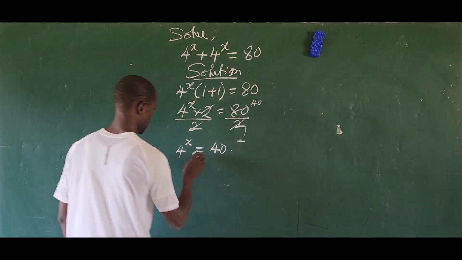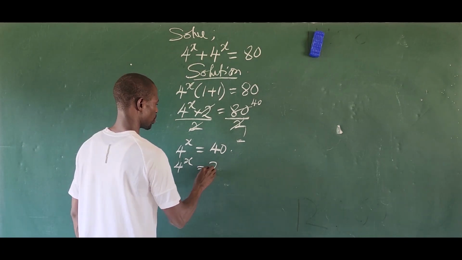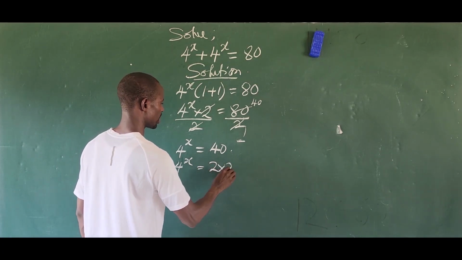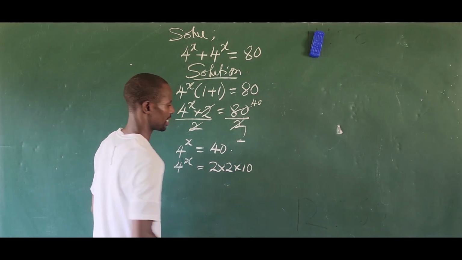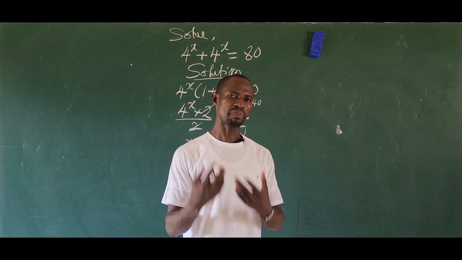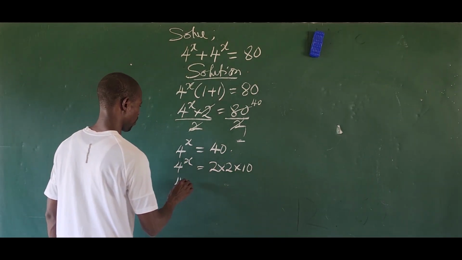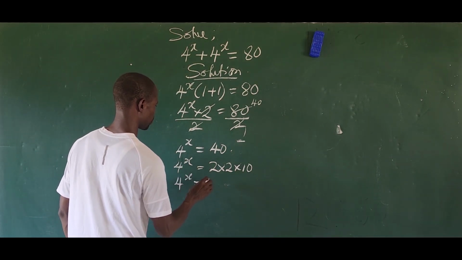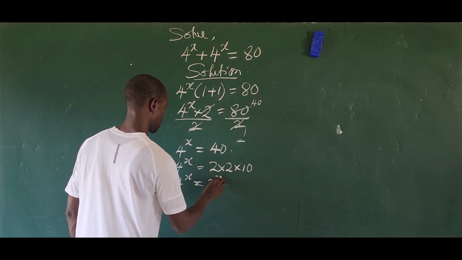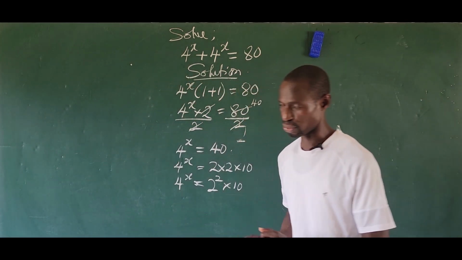Okay, so let's rewrite this. This will give us 4 to the power of x is equal to 2 times 2, then times 10. And we know 2 times 2 could be written as 2 to the power of 2, right? Good. So this gives us 4 to the power of x is equal to 2 to the power of 2 times 10. Now, what's the next thing to do here?